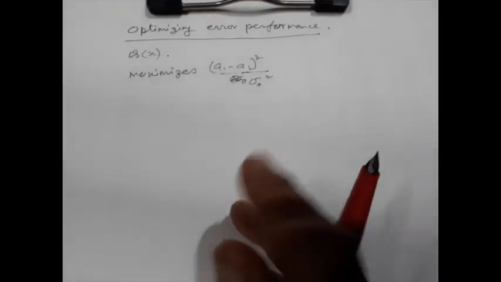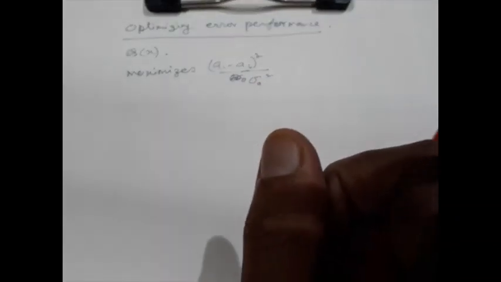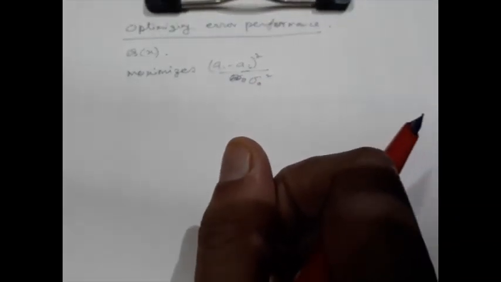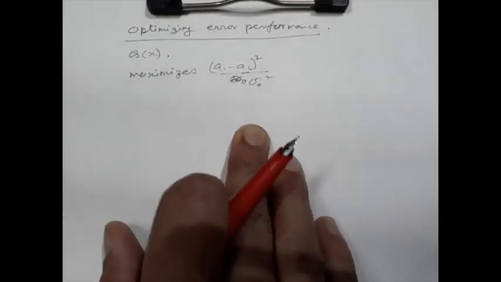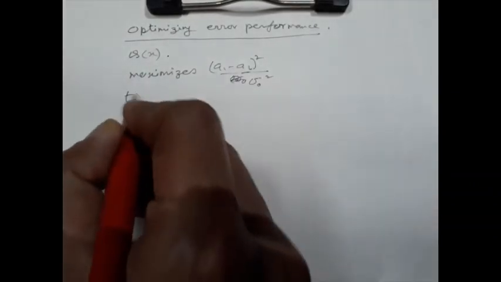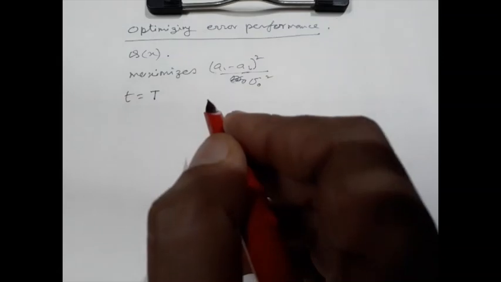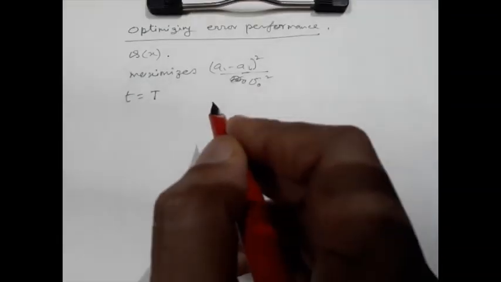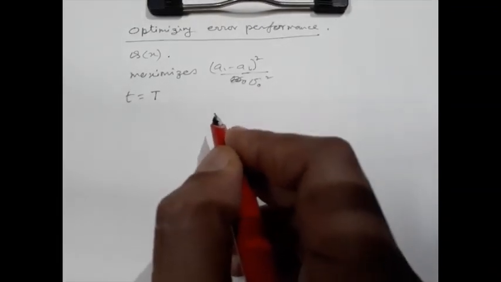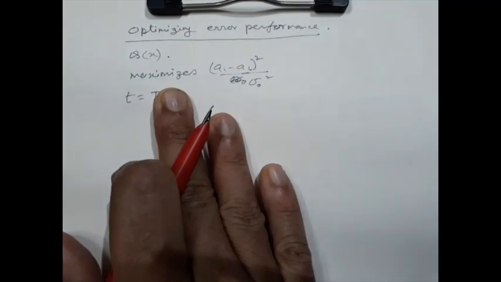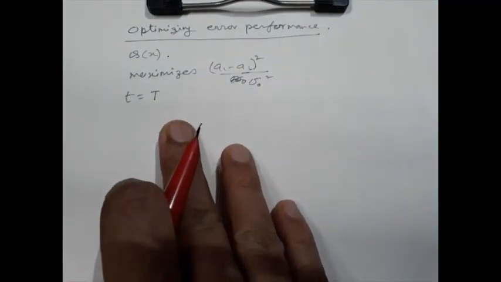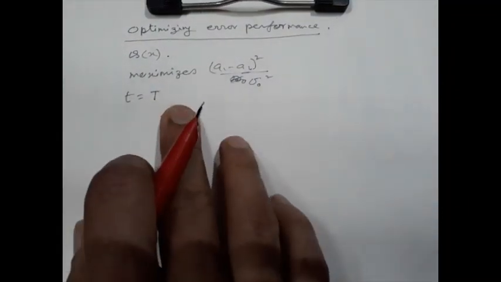where a1 minus a2 is the difference of the desired signal components at the filter output at time t equal to capital T, and the square of this difference signal is the instantaneous power of the difference signal, and this T is the sampling instant.